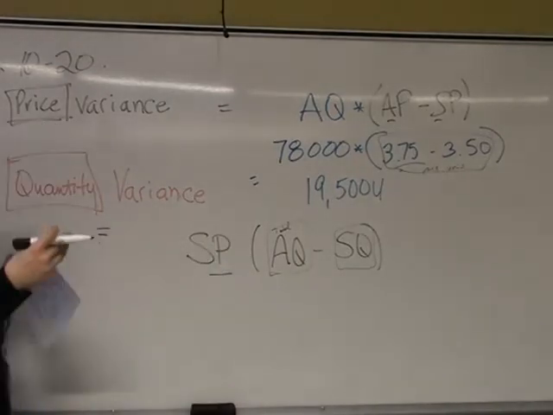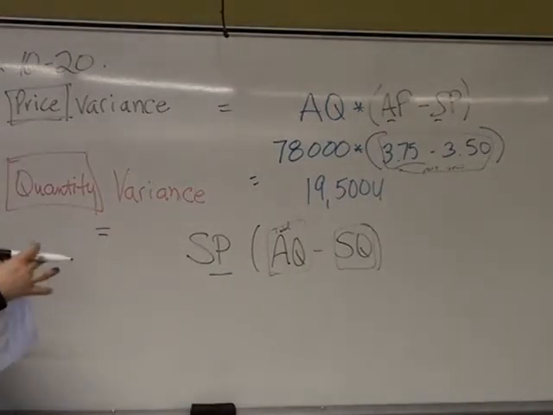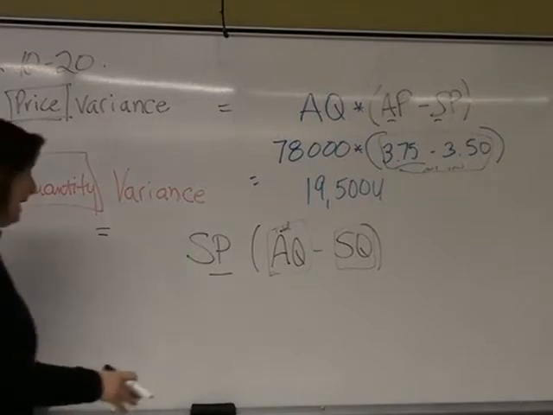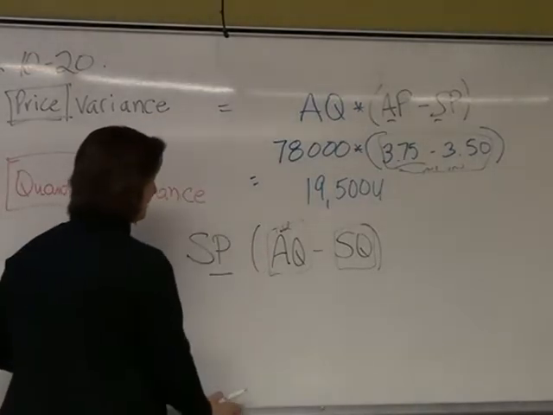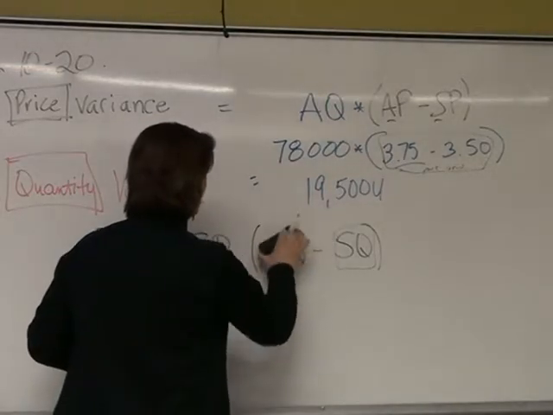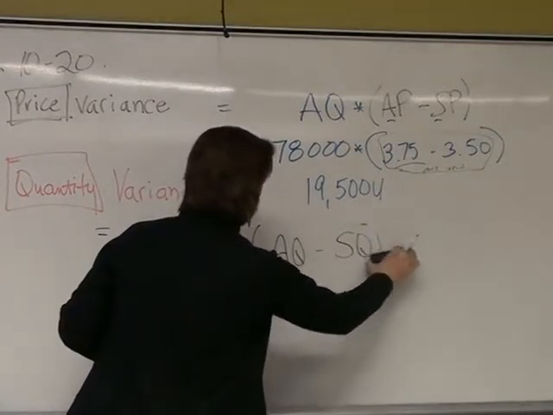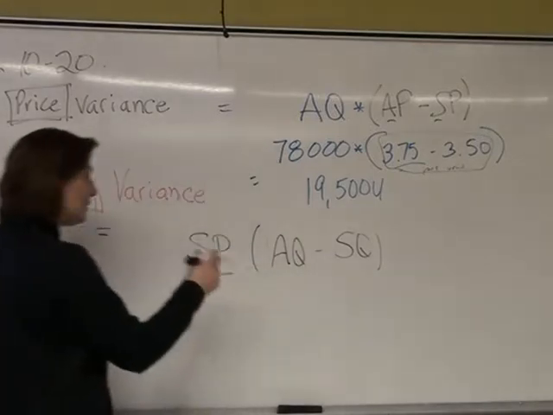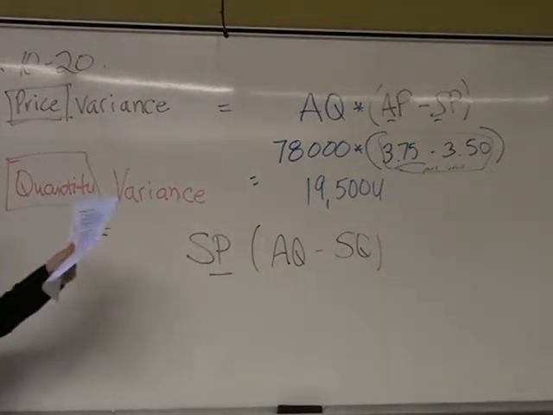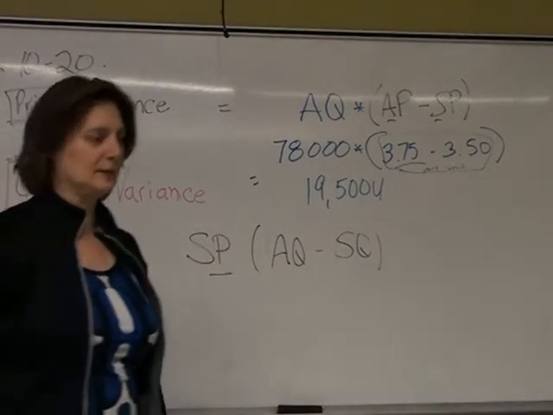At this point we'll just leave it like that. This needs to be the huge quantity, right? So the actual quantity that we used for the direct material is what? 17,000.